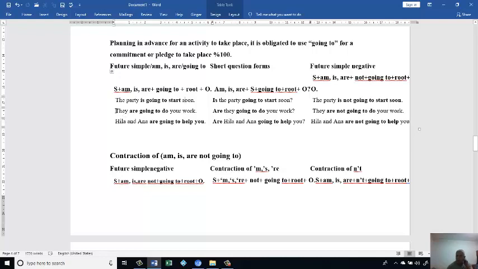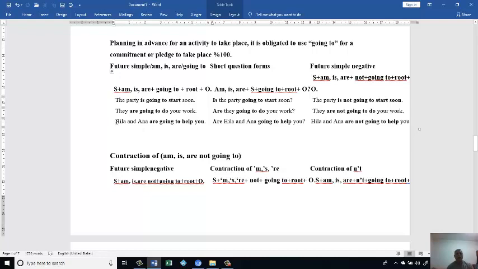Another sentence, sorry: they are going to do your work. Question: are they going to do your work? Then you could say yes, they are, or no, they are not. Same thing here. We say yes, the party is going to start, or no, the party is not going to start. They are not going to do your work.